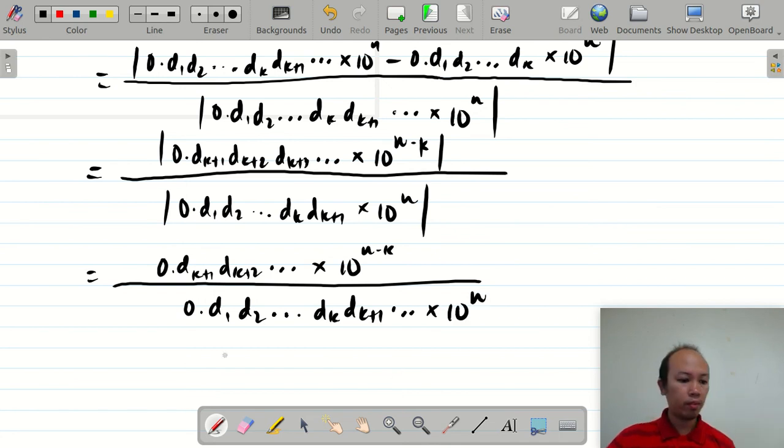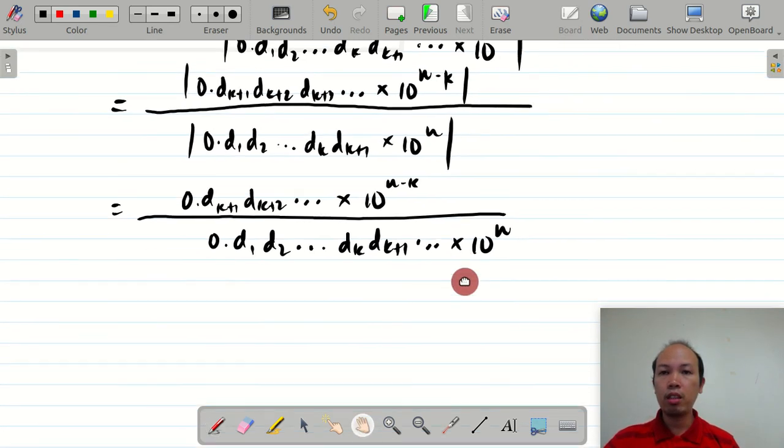Okay, so let's now have the bound for the numerator and the bound for the denominator.